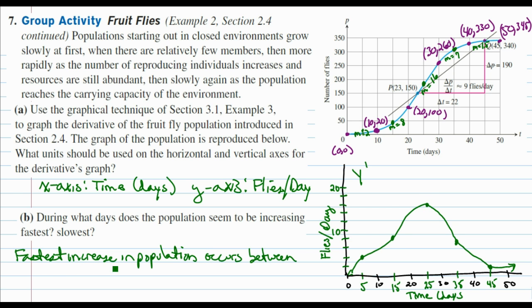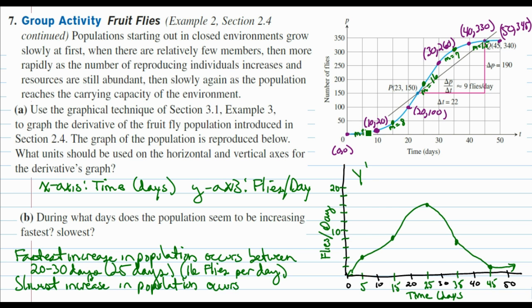So we'll say the fastest increase in population occurs between 20 and 30 days, probably 25 days. And that increase is 16 flies per day, we think, about 16 flies per day. Now the slowest increase in population occurs at the tail end.